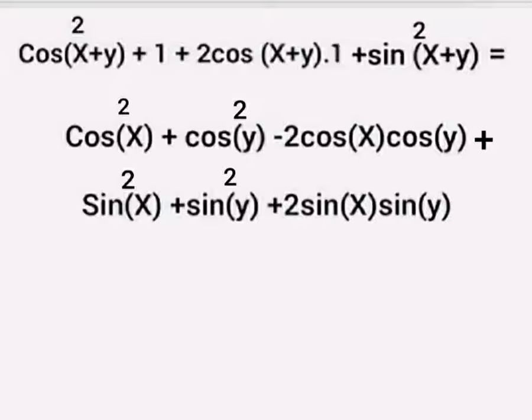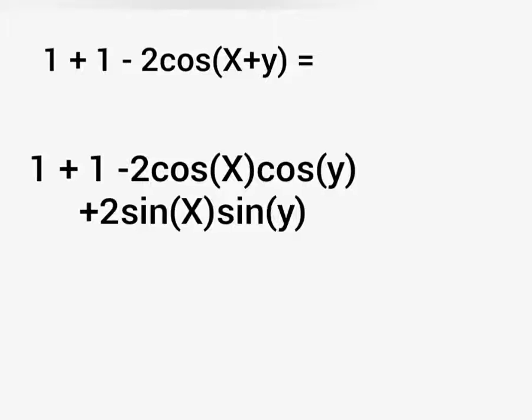Cos square x plus sin square x is equal to 1. Cos square y plus sin square y is equal to 1. Thus we get 1 + 1 - 2 cos(x + y) is equal to 1 + 1 - 2 cos x cos y + 2 sin x sin y.